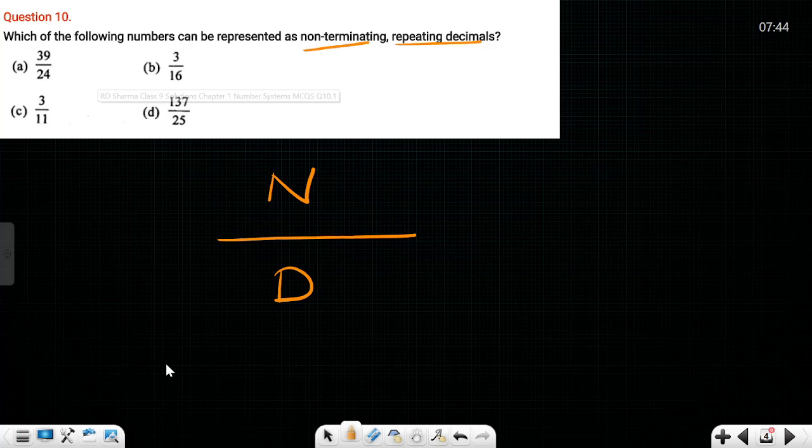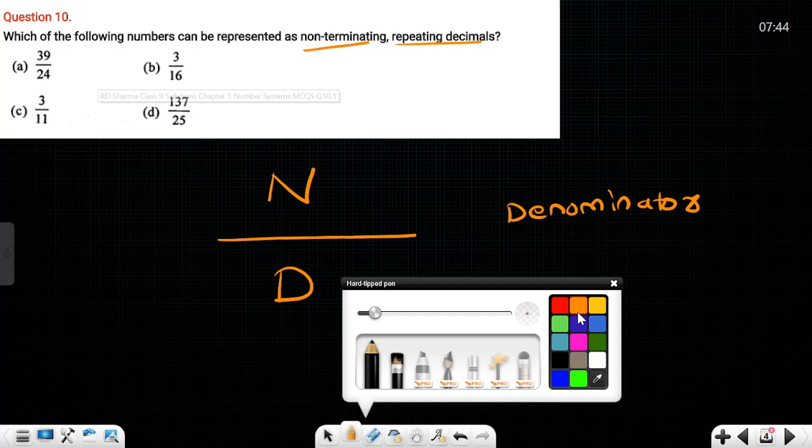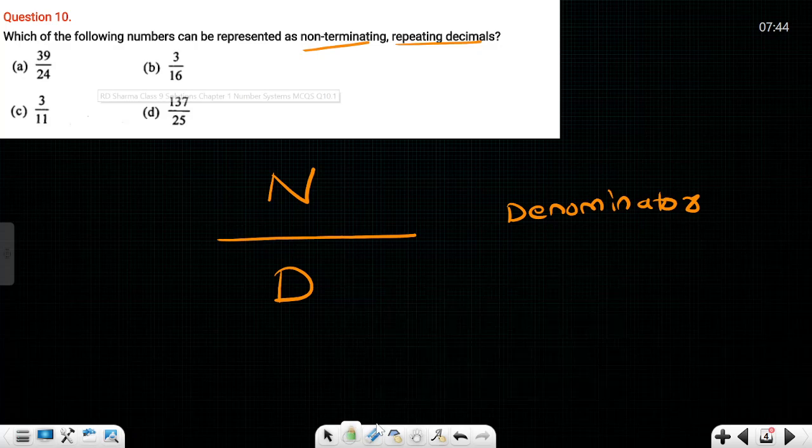So this denominator is what decides whether the fraction is repeating or terminating.